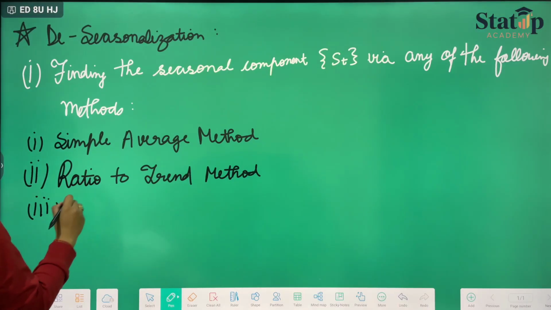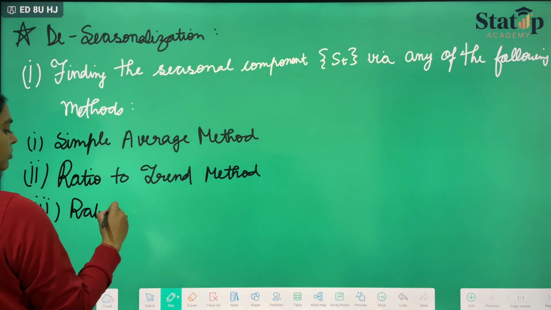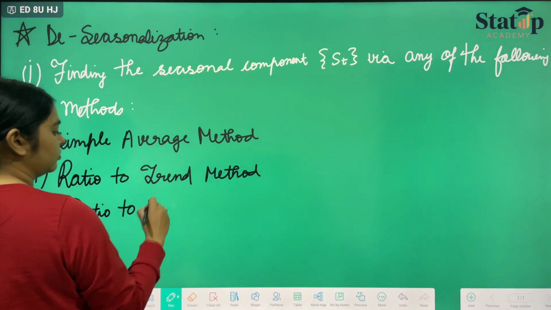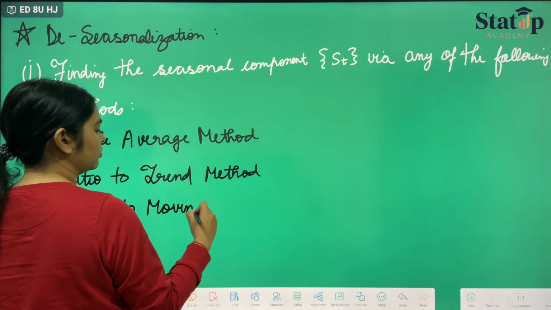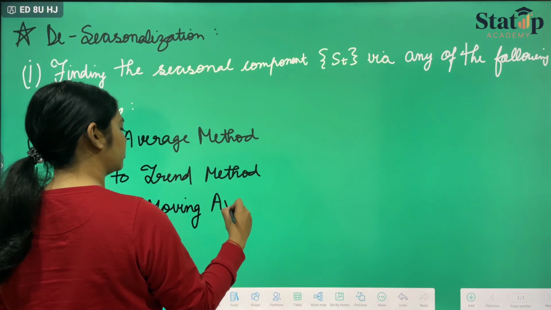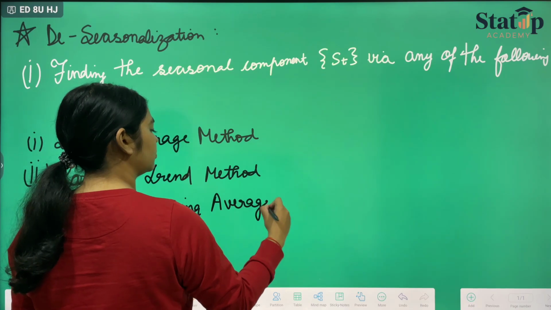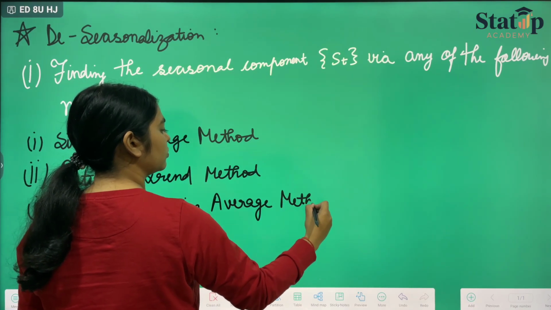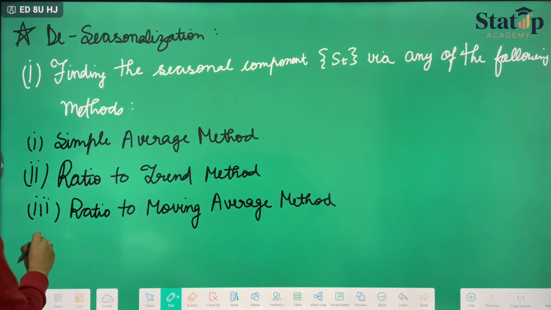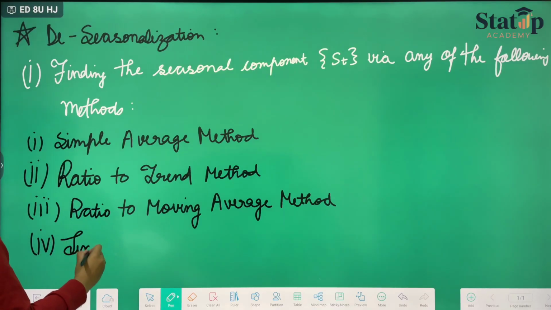Third was the ratio to moving average method. And the last one, which we did in the last class, was the link relative method.